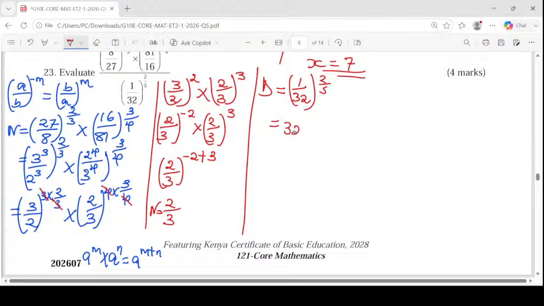Remember, 1 over 32 to this power can be written as 32 over 1 raised to the power of negative 2 over 5. We should be fully aware of that.